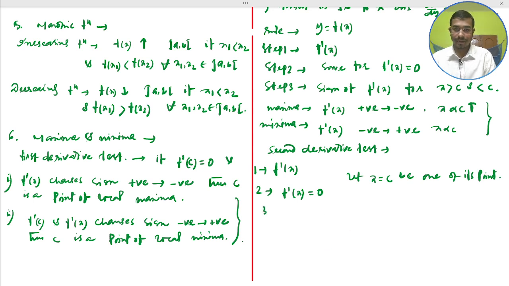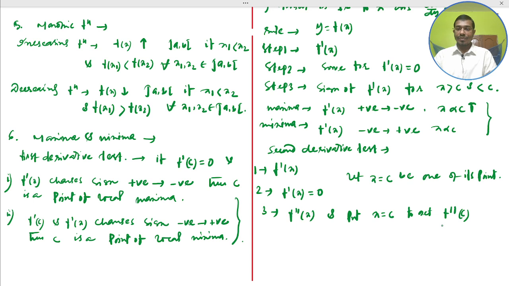This is the main beauty: find f double dash x and put x equal to c to get f double dash c.